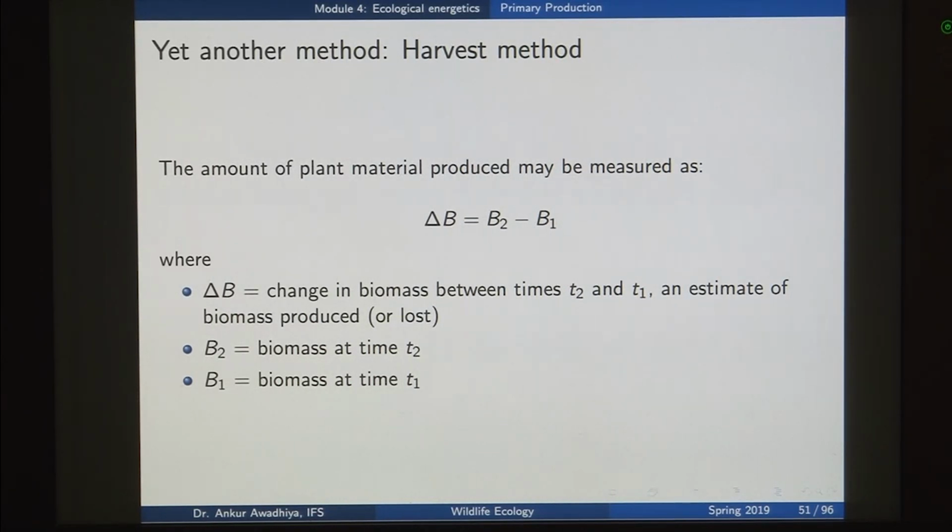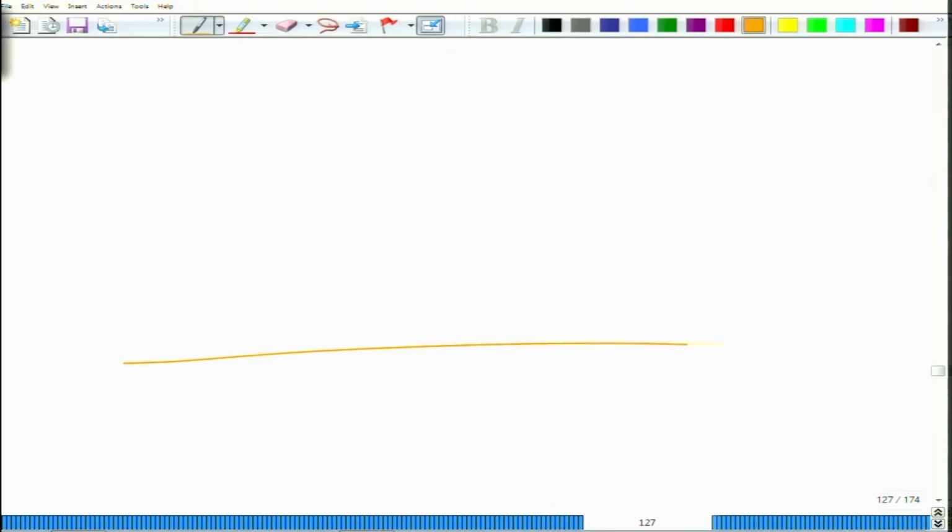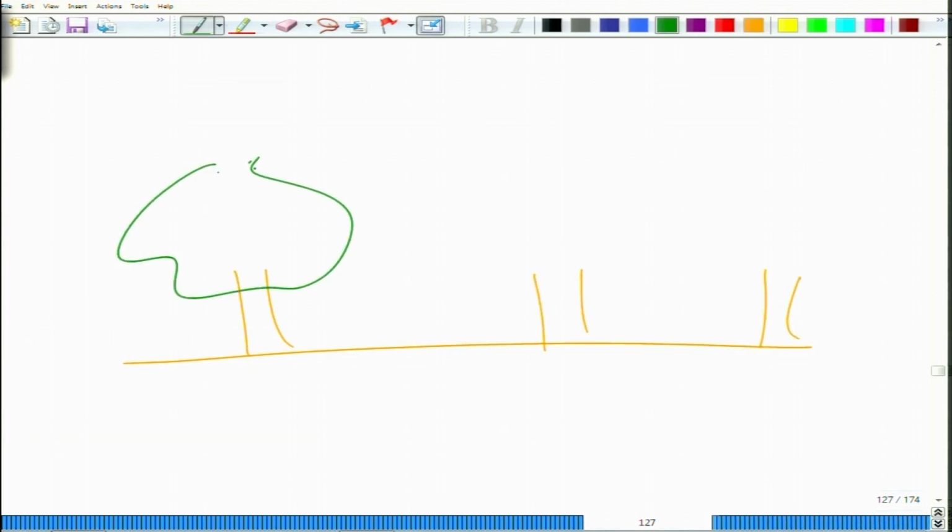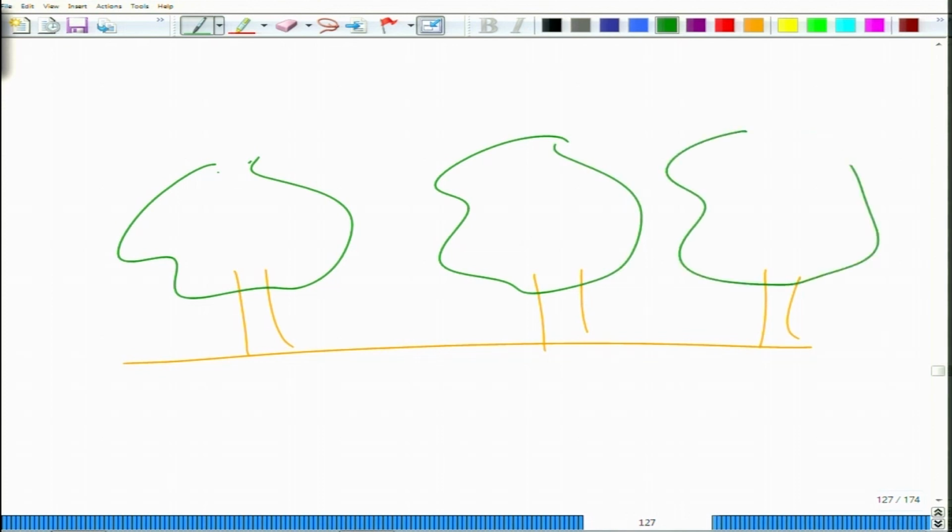So, if we take this difference, what we are doing in this case is that suppose you have a forest. Now, in this forest we go there at say time t1 and we measure the total amount of biomass that is there in this system.